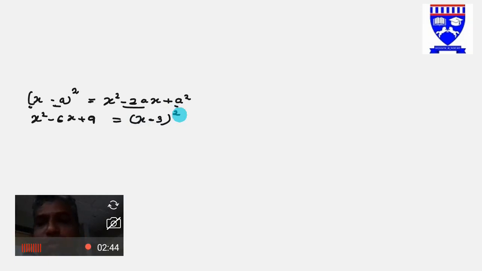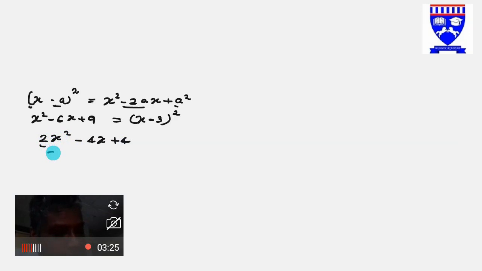Okay, so now we are going to work out another example. 2x squared minus 4x plus 4. Okay, so here the coefficient of x squared is 2, so somehow you have to make it 1. So what do you do? I'm going to divide everything by 2, or you can bring the 2 outside.